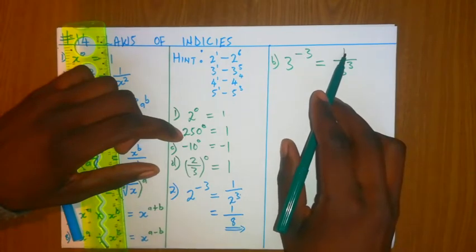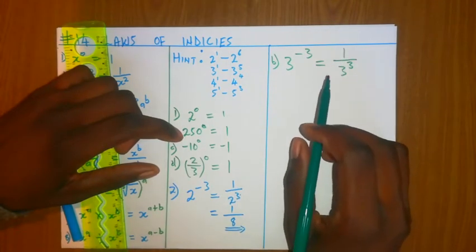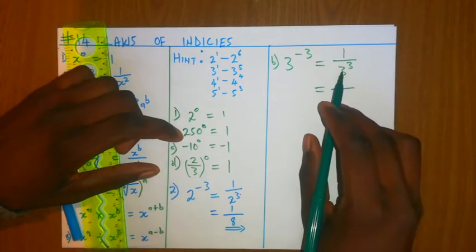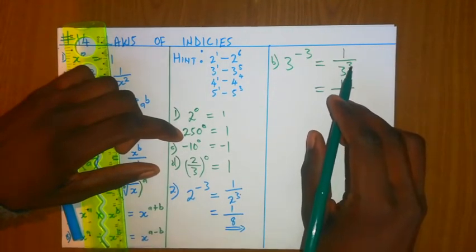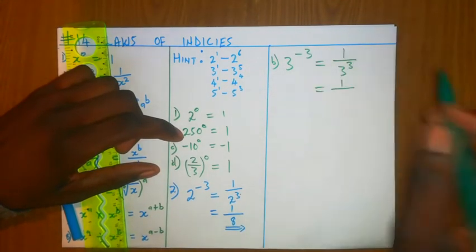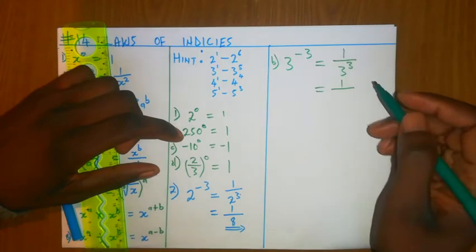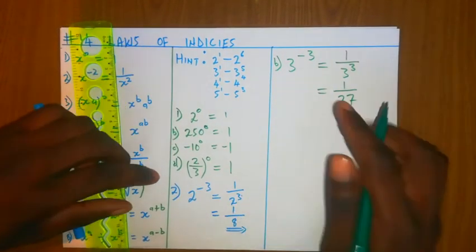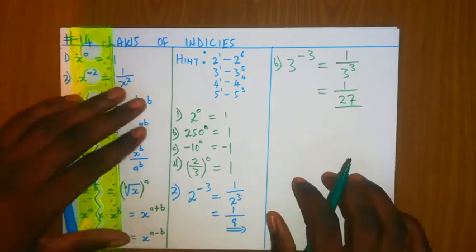Into that 1. This means that this is an inverse, right? So it's going to be equal to 1 over, this is not 3 times 3, but it's 3 times 3 for 3 times, right? So it's 3 times 3 times 3. We are going to obtain what? 27.